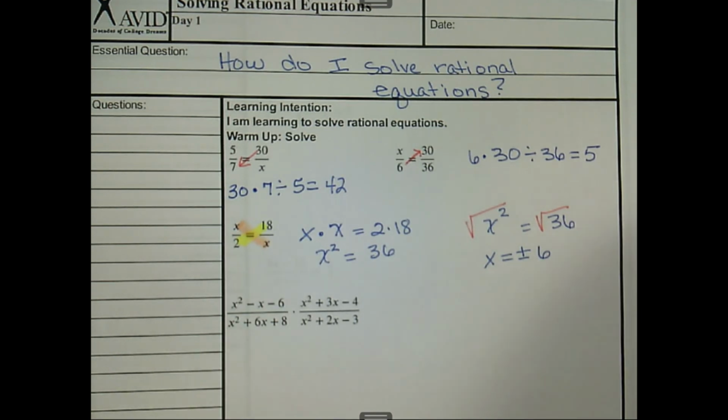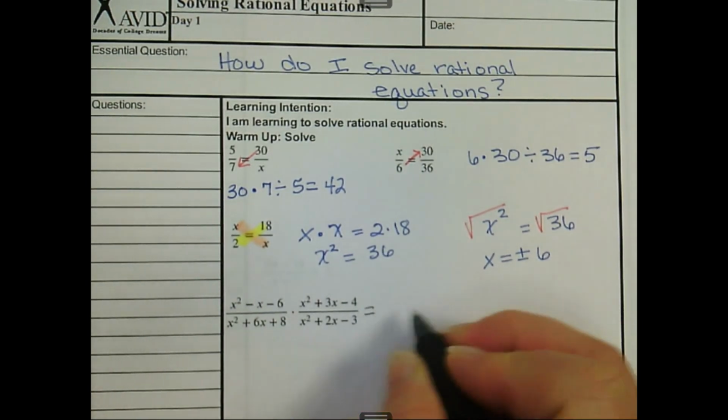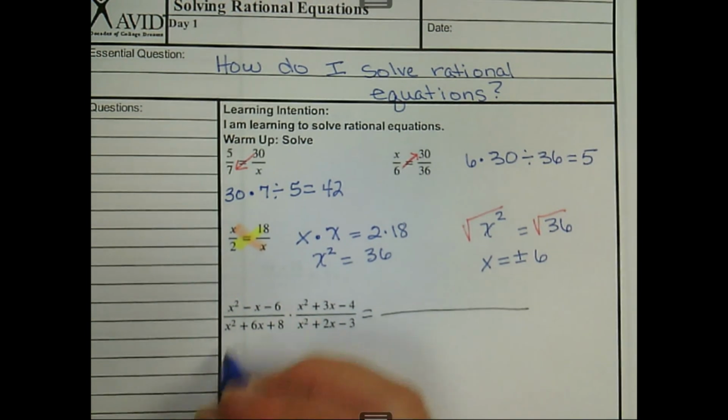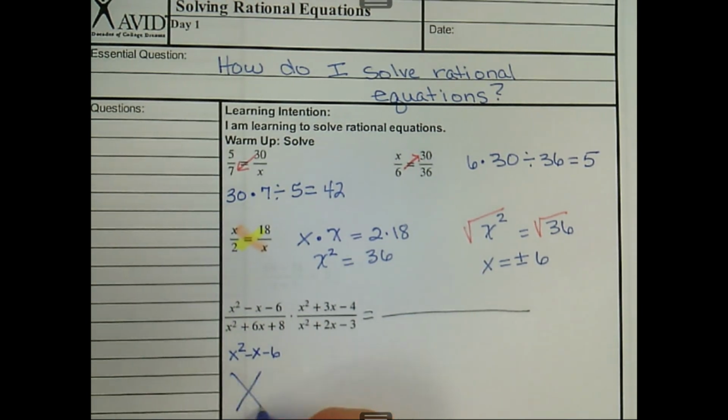So if I am looking at this, I've got x squared minus x minus 6. So I'm looking for factors of 6 that differ by 1. One's positive and one is negative.